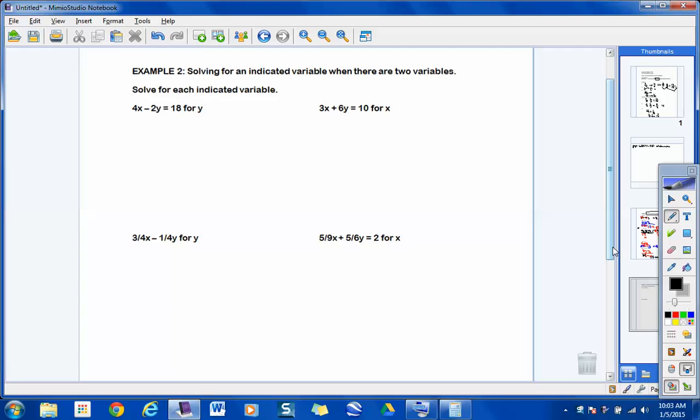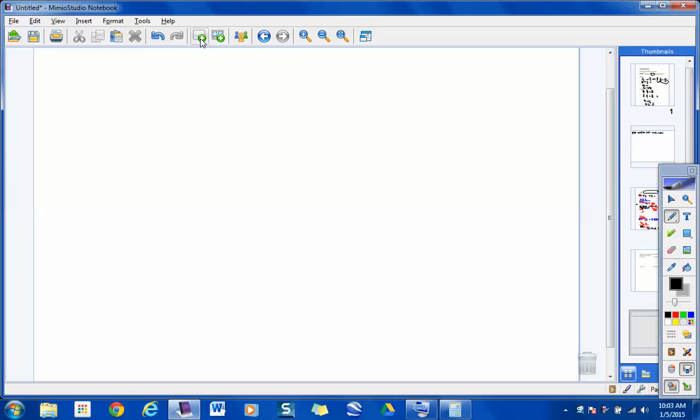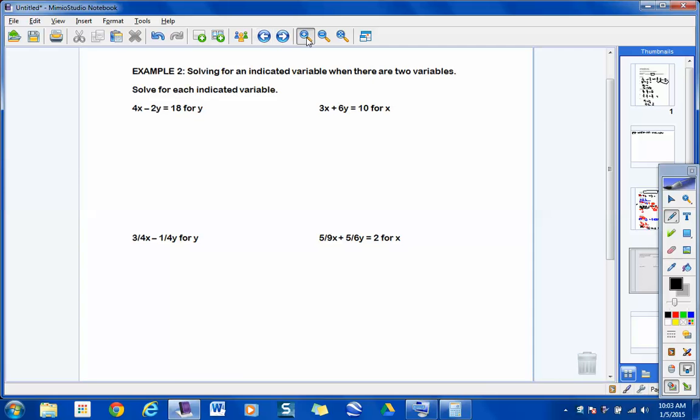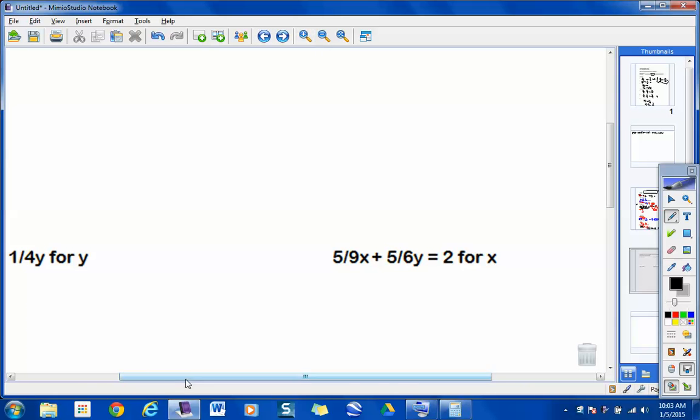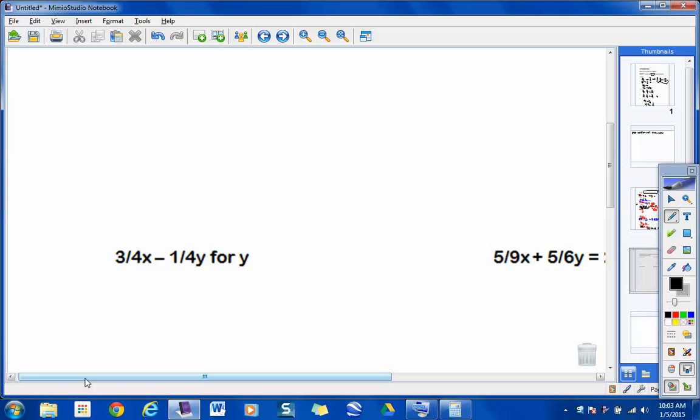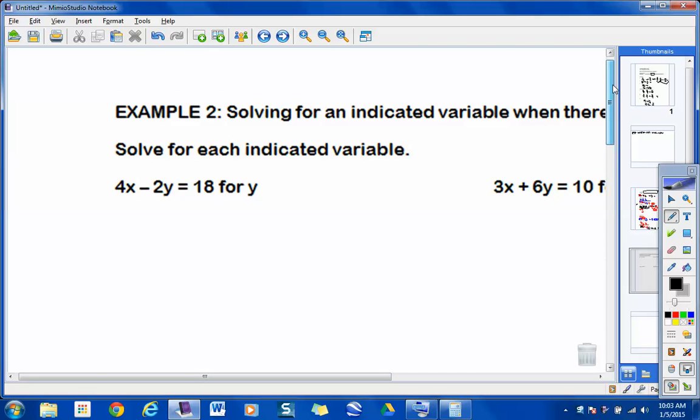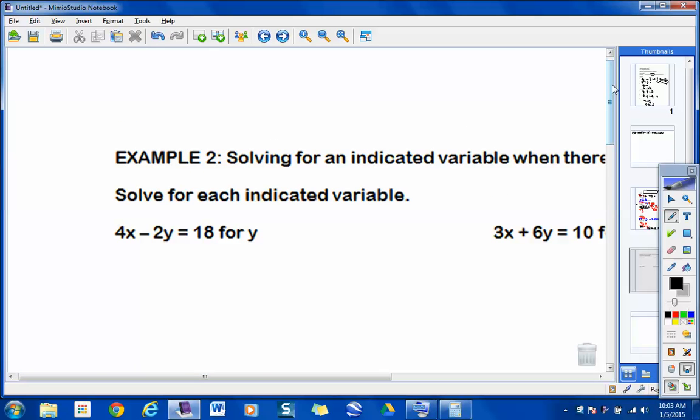Solve for each indicated variable. I want you to listen carefully to this. Here's how I'm going to do this. Look at my first example up top here. It says solve for each indicated variable. You have 4x minus 2y equals 18.